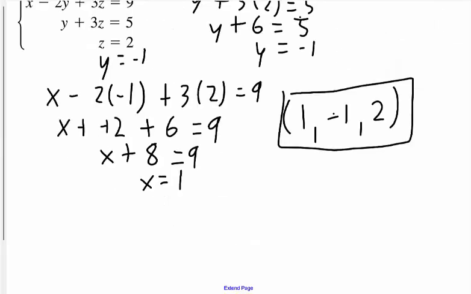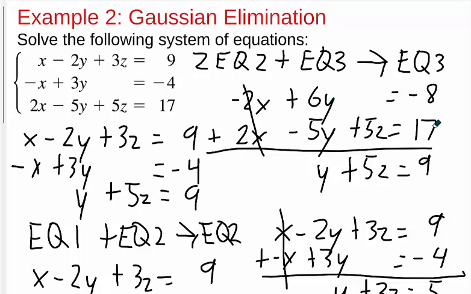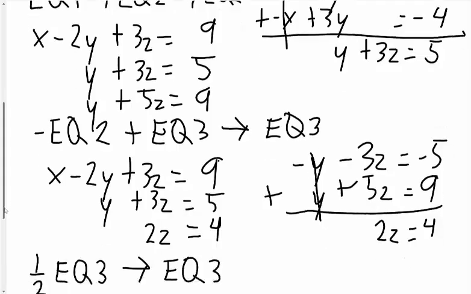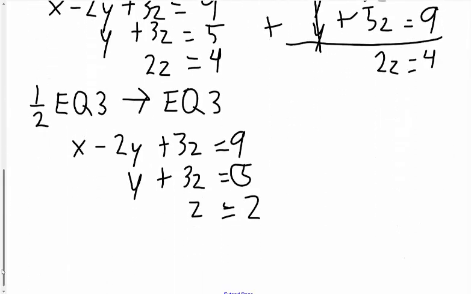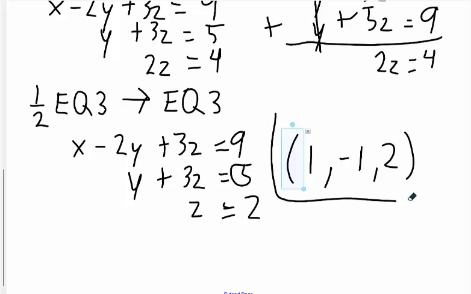It's 1, -1, 2. Since it's the same system, we're not going to go any farther. You've seen that. You can look back. The answer is 1, -1, 2, and that's our answer. Not too bad.